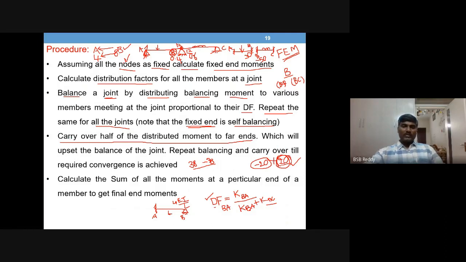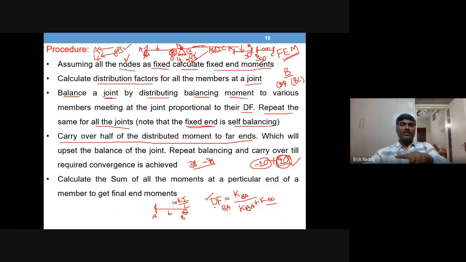Similarly, if there is a joint at C, say there is some moment, say 10, to balance joint C. You applied 10, so half will be carried to B, meaning 5 comes here out of 10. So you had made it minus 38 plus 38, 0.